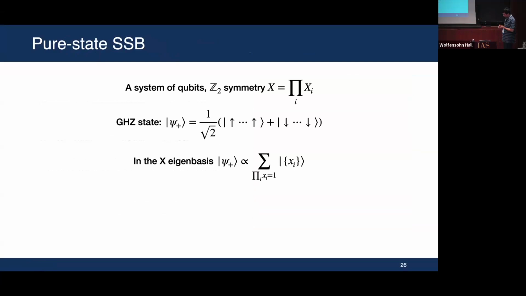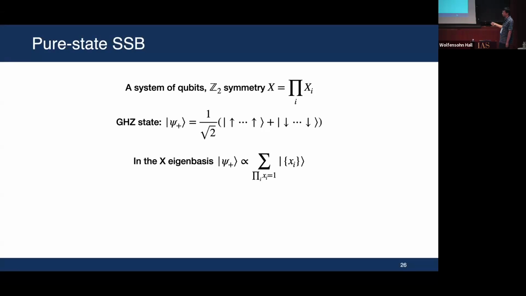Okay, so before we discuss strong to weak symmetry breaking, let me first just review the pure state SSB. Well, let's use our example of qubits. You have a system of qubits, and the simplest global symmetry you can imagine is a product of Pauli X, so it's a Z2 global symmetry.